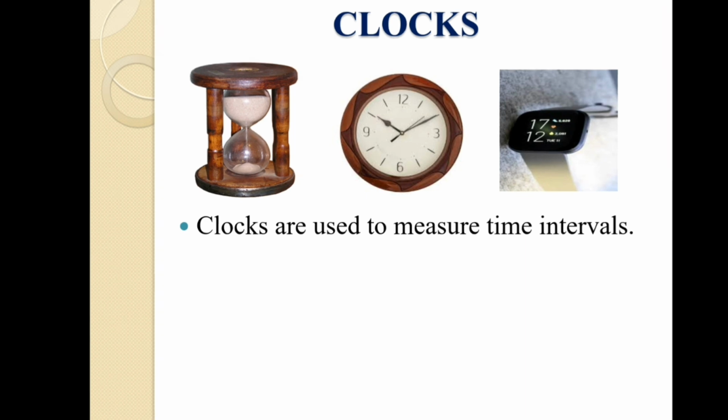For example, say you wanted to measure the speed of a car over a journey taking an hour. You could divide the hour into time intervals of 20 minutes. So 1 hour is equal to 60 minutes. We divide it into three time intervals of 20 minutes. So that is time intervals.